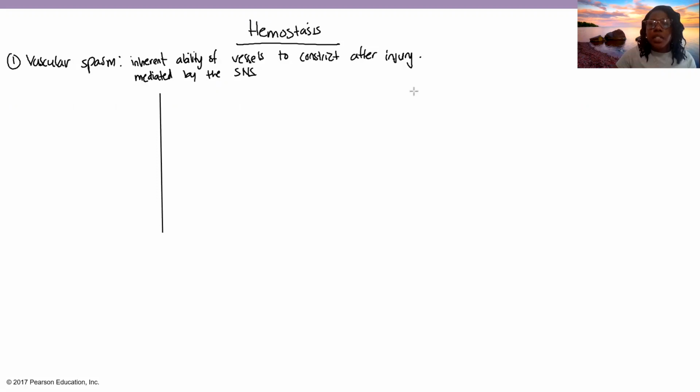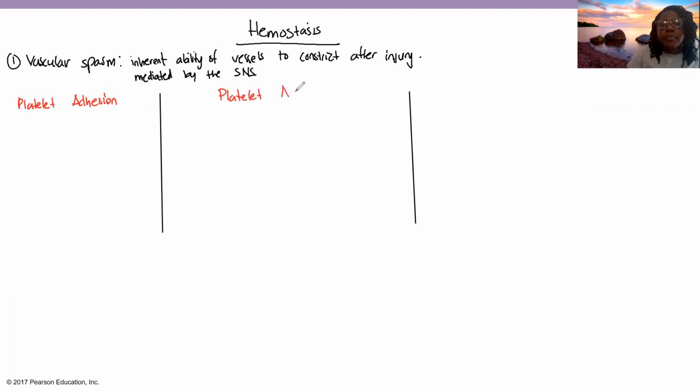So we had platelet adhesion, and then platelet aggregation, and finally our fibrin clot formation.